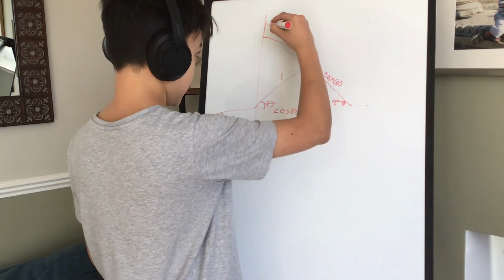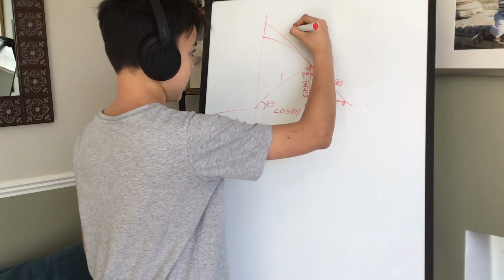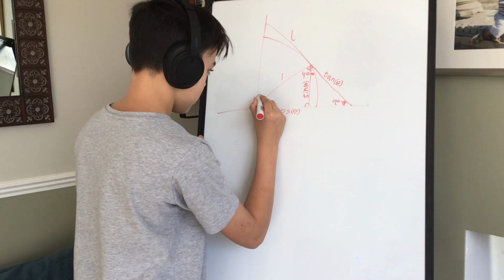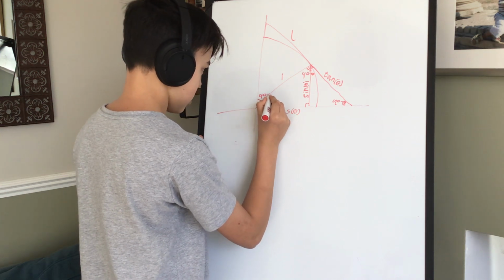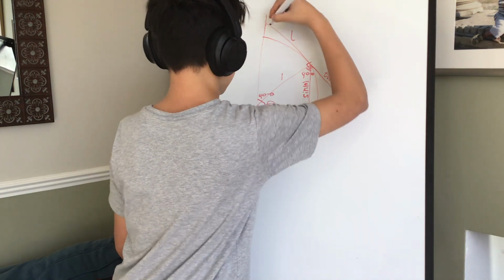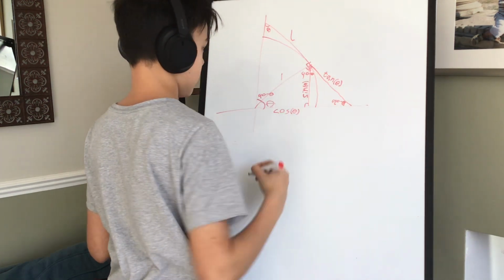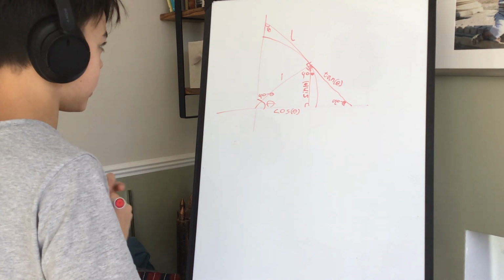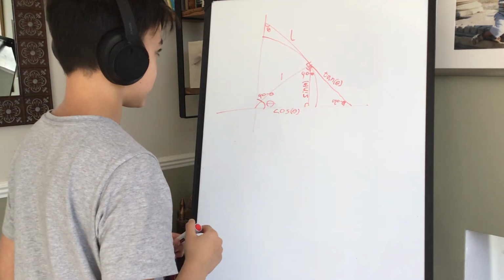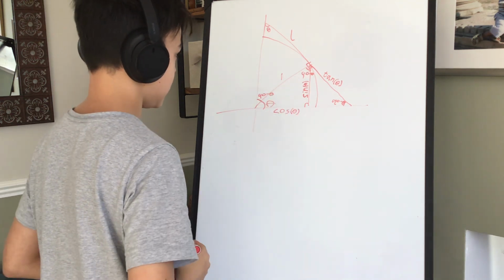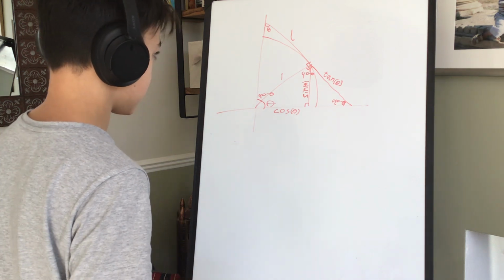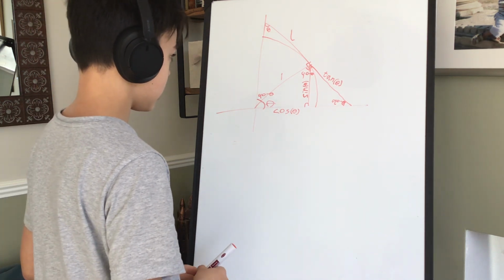Let's draw a line here, and let's call it L. Okay, this is 90 minus theta, because this whole thing is a right angle. This is a right angle, so this must be theta, because they add up to 180, right? So, notice that L is the adjacent to theta, and 1 is the opposite. So L over 1 equals adjacent to theta over opposite of theta.